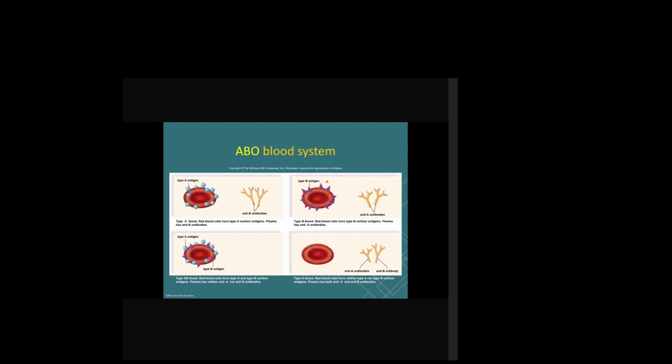The antigens are illustrated here with a spike with a round blue ring, or a spike with a cone-shaped, triangular purple color. Let's say we call the blue ones A, and the purple ones B.